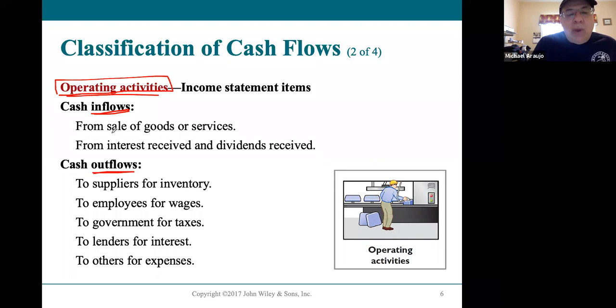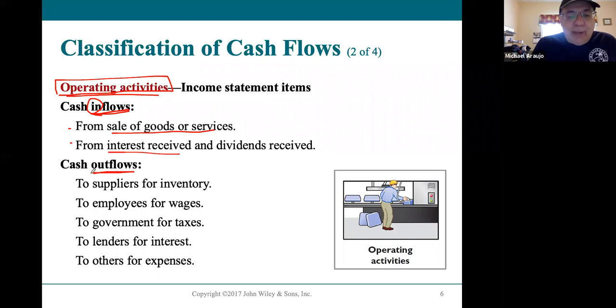Well, when there are sales of goods and services, the company is usually collecting cash, and so that cash is coming in. If the company is receiving any interest on a bank account or something like that, that's also cash coming in. So cash inflows, again, cash coming in. These are the typical ones that we look at for operating activities.